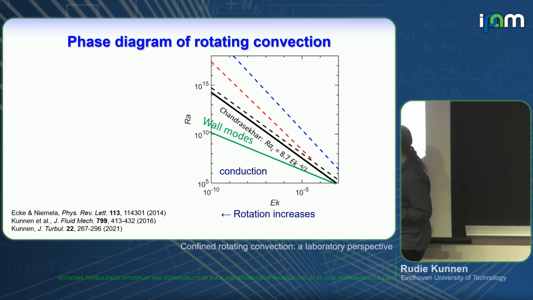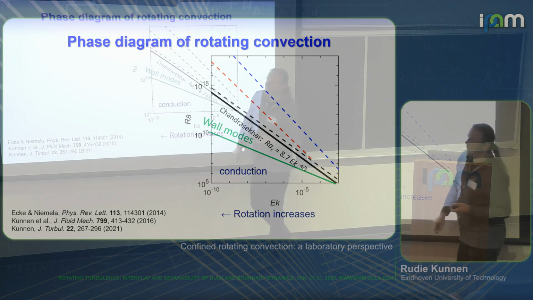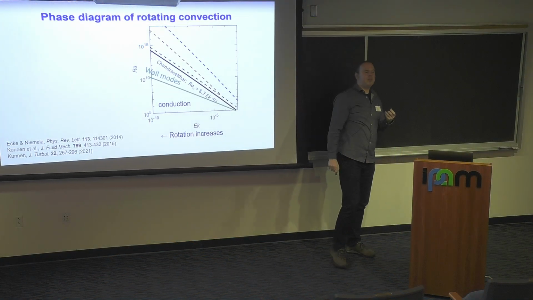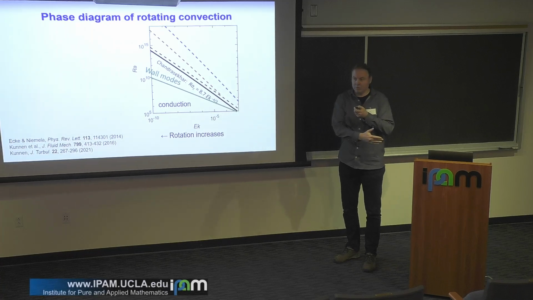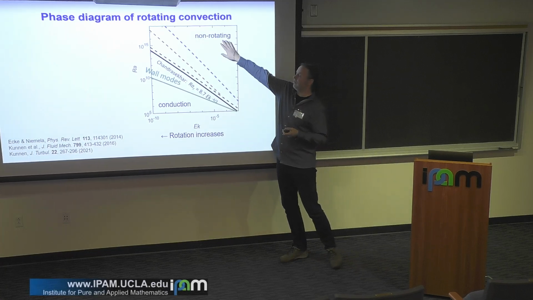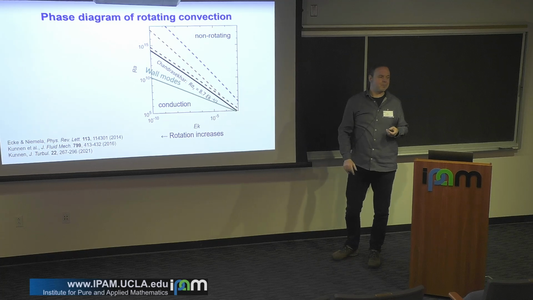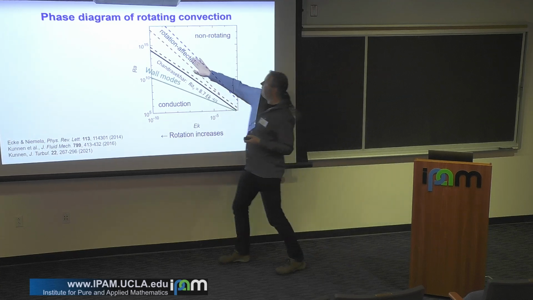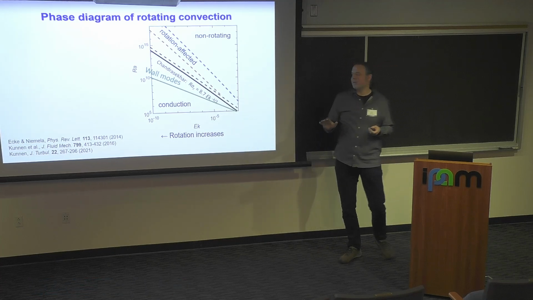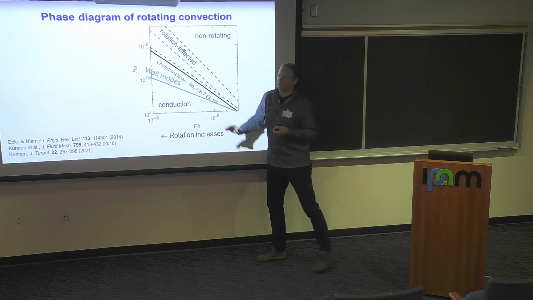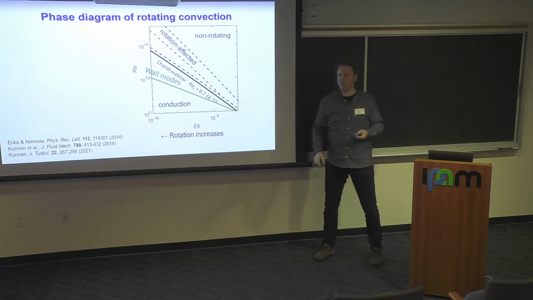Now, if we move upward all the way, increase the Rayleigh number very much, then eventually we will have so much thermal driving that rotation basically becomes unimportant again. So let's call this non-rotating convection. Then there's a range in between where you will see some effects on the flow field, but nothing too drastic. And this, you could say, is rotation-affected flow, perhaps.